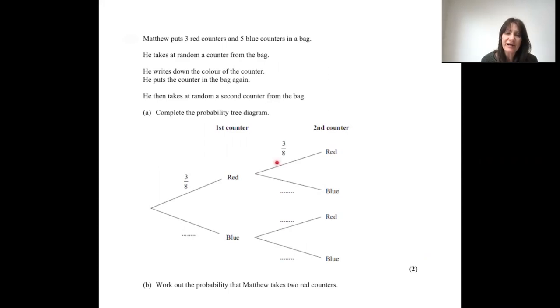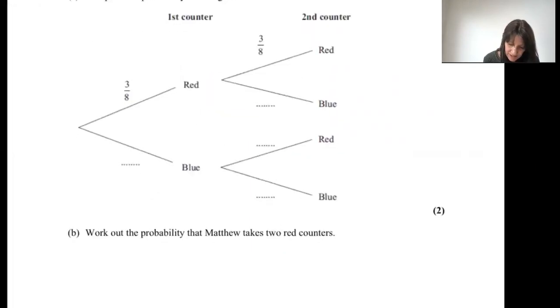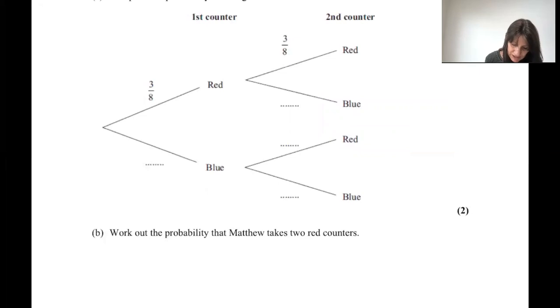It's the exact same fraction. There's still 3 red counters out of a total of 8. Completing the tree diagram requires me to just make sure that these branches here add to 1. So we want 5 8ths, and of course there were 5 blue counters. So 5 8ths again here, and this just repeats.